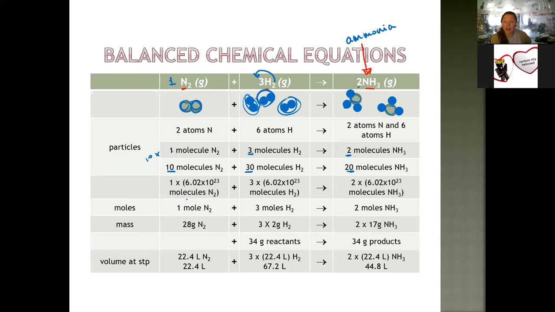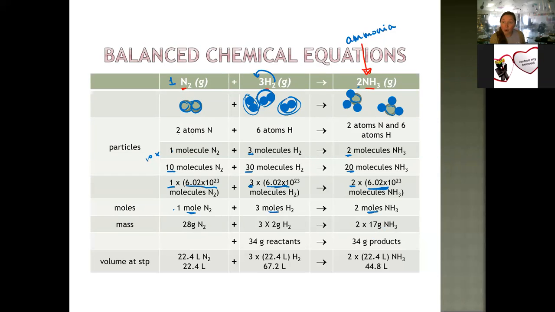I could also scale everything up by 6.02 times 10 to the 23rd, which is a mole. So I could have 1 mole of nitrogen gas and 3 moles of hydrogen gas, and that would make 2 moles of ammonia. So I can think of my equation in terms of molecules or moles.